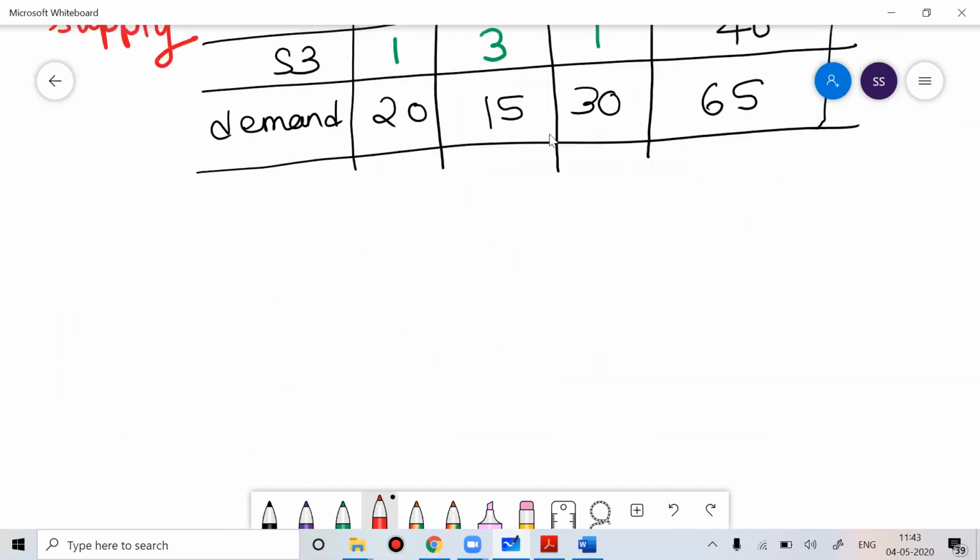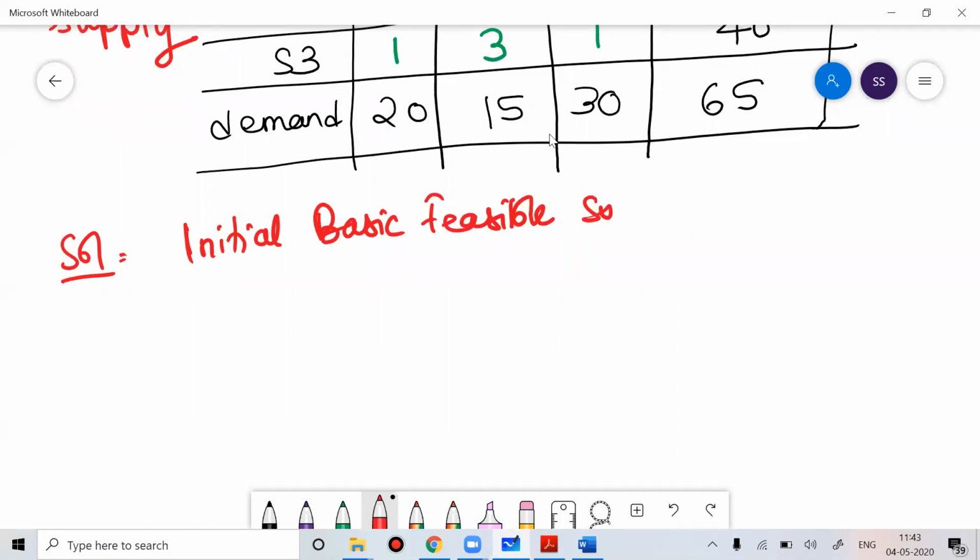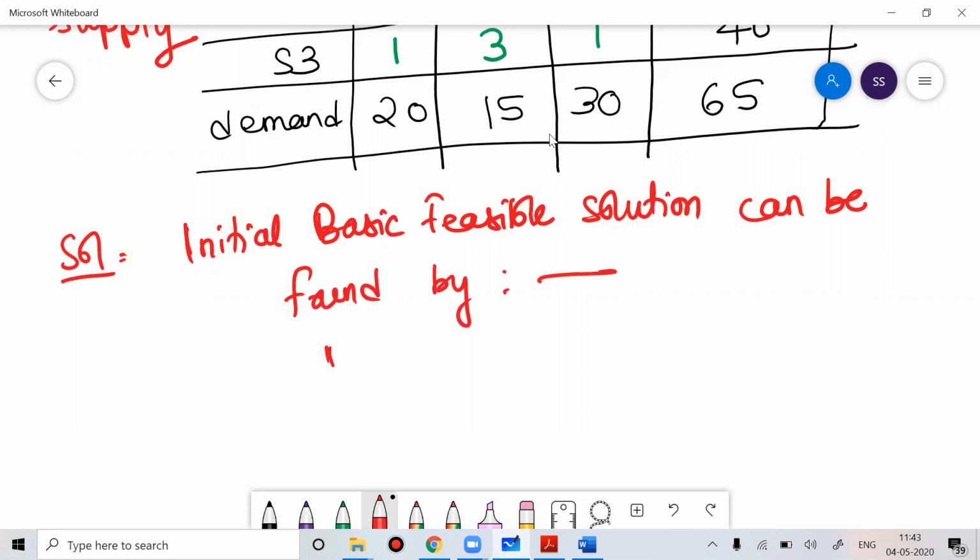So in order to solve this problem, you can find the initial basic feasible solution. We can find this initial basic feasible solution by three methods. One of the three methods is the northwest corner method.